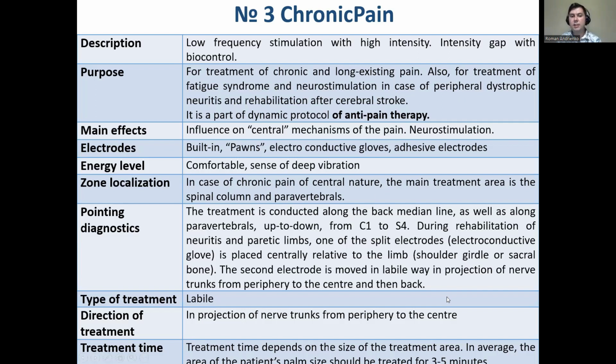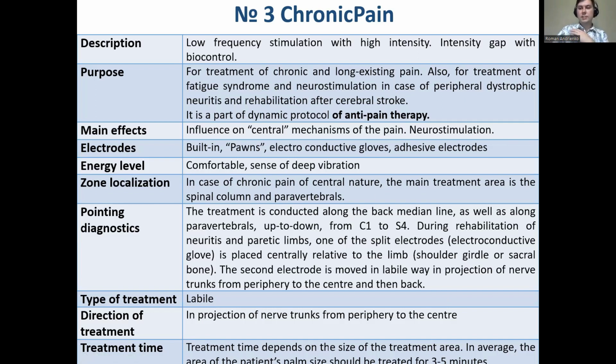And during rehabilitation of neuritis and paretic limbs, one of the split electrodes, assume that we're using PONs or gloves, is placed centrally relative to the limb. So shoulder girdle or sacral bone, and the second electrode is moved in a labile way in projection of the nerve trunks from periphery to the center and then back.